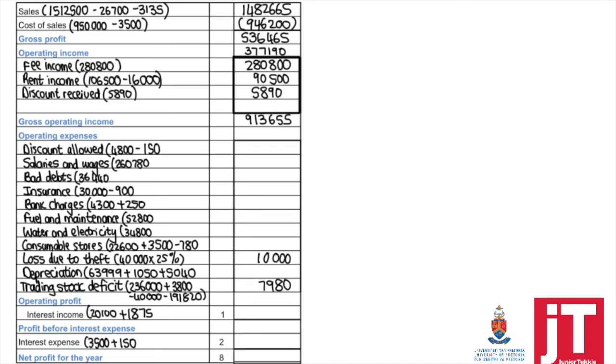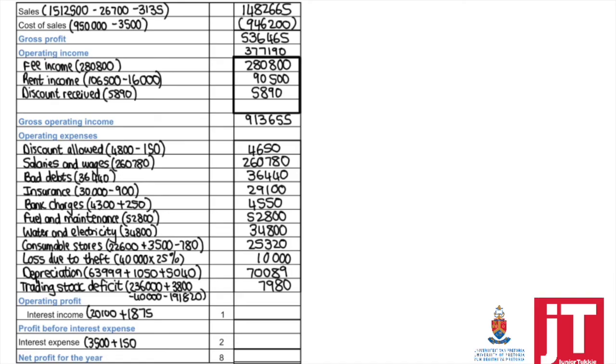Then we've got operating expenses. We need to close all the brackets, and again, if there's no adjustment, then it means you just close that bracket and you fill in that as your final figure. And that's why step number 1 is so important, to take the figures from the pre-adjustment and fill them in where they're supposed to go. We tend to just start with the adjustments and then we forget.